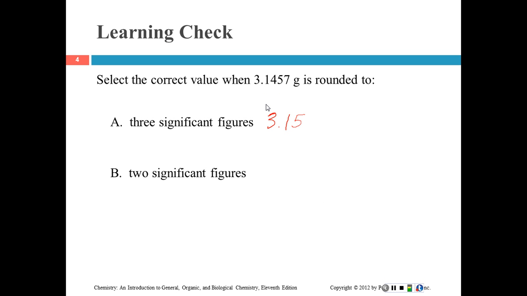If it's only 2 significant figures, we would round it to 3 point what? 1 or 2? 1, 3.1. Why? Because we don't look at this one, we look at the original number. And in the original number, the number beside that one is a 4, so it would only be rounded to 3.1 grams. And we should probably get in the habit of going ahead and putting our unit on.